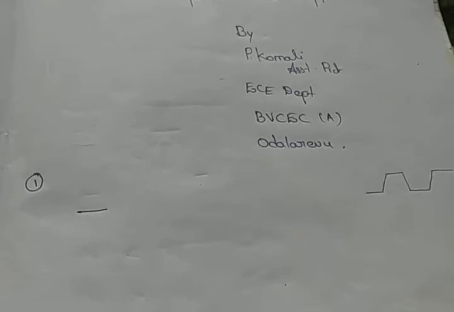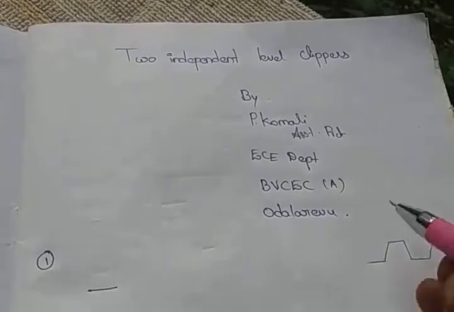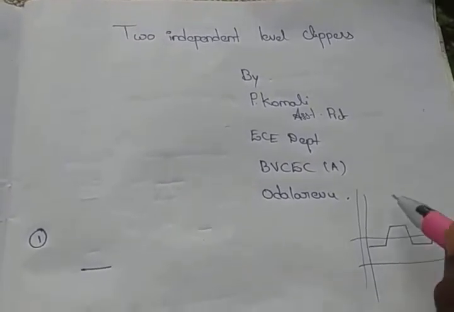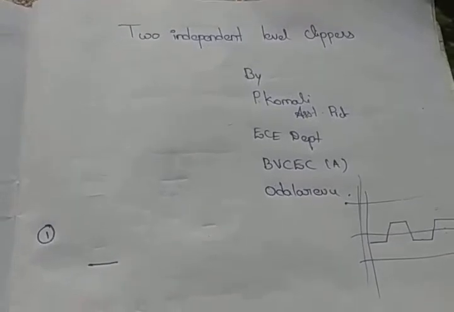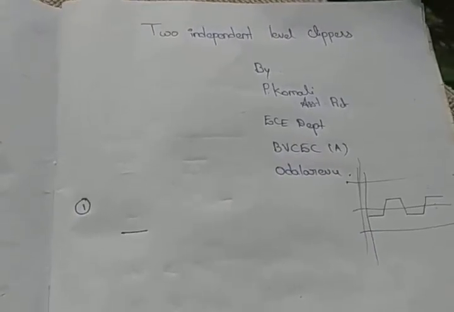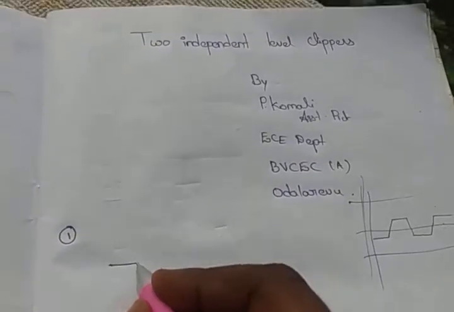We can also clip the waveform in one direction, for example like this or like this. We can use the same polarity or different polarities for the reference levels. Let's see the first one.